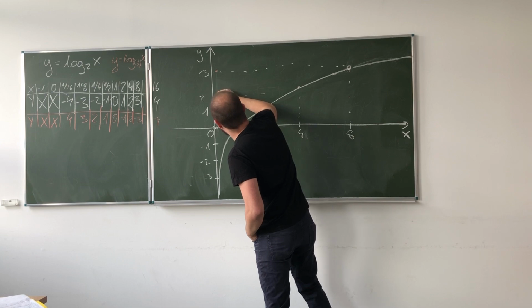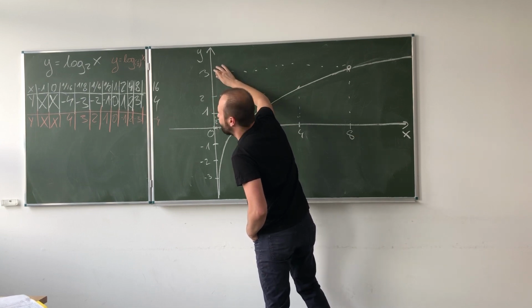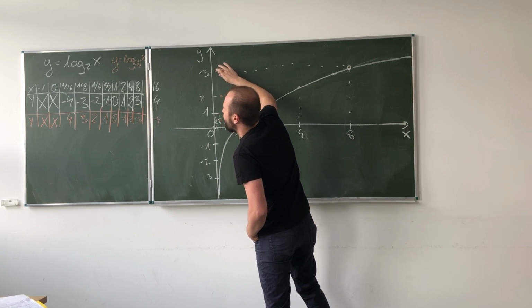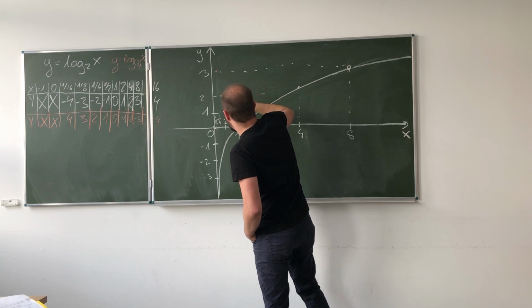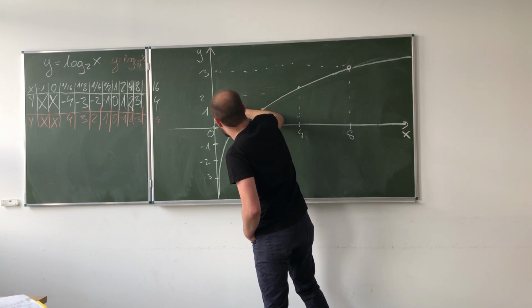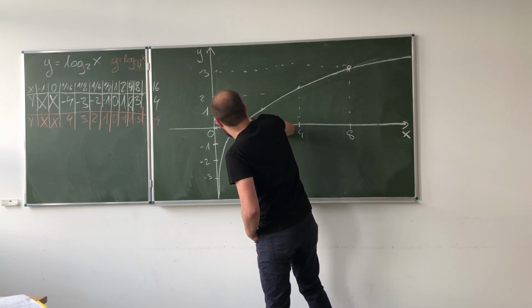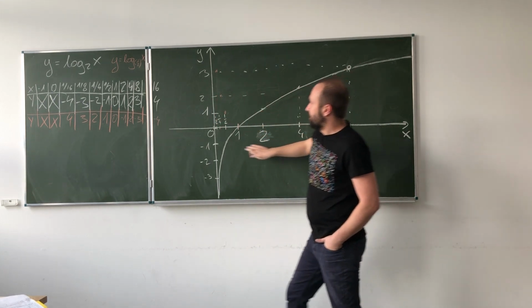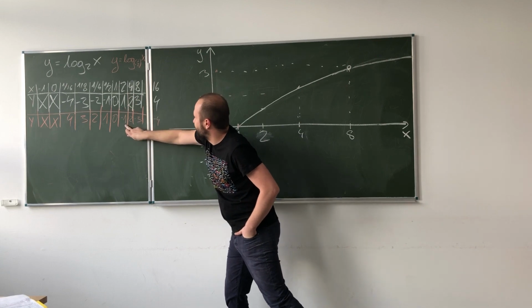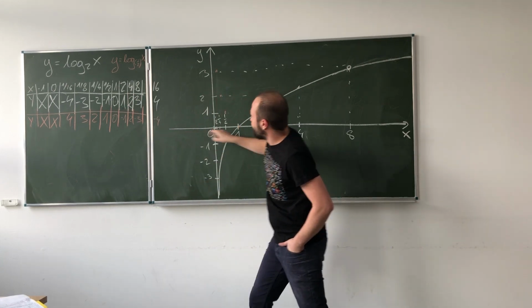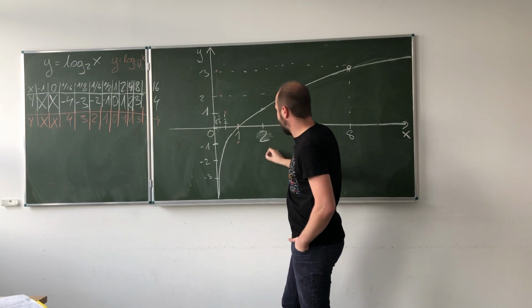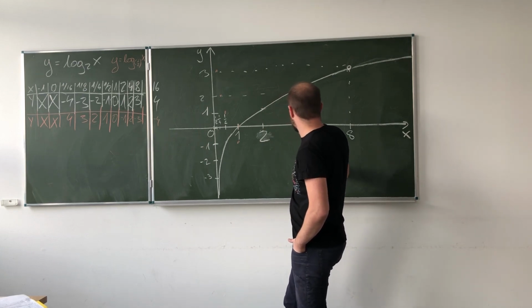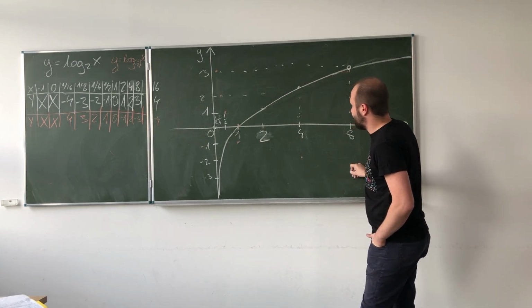For 1 over 4, we get 2. For 1 over 2, we get 1. And for 1, we get 0. Now, for 2, I'm having -1. For 4, I have -2. For 8, I have -3.